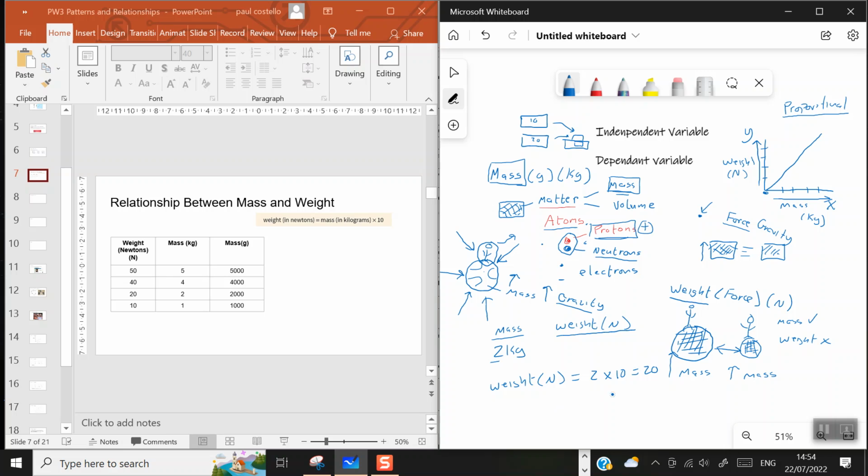So it's going to be equal to 20 newtons. So 2 kilograms is equal to 20 newtons.